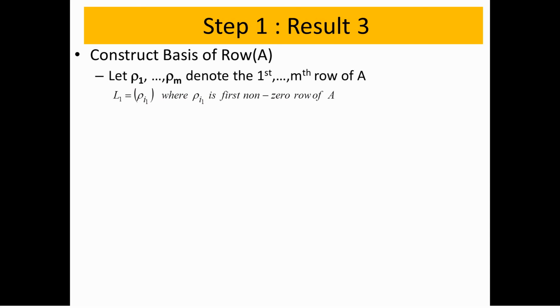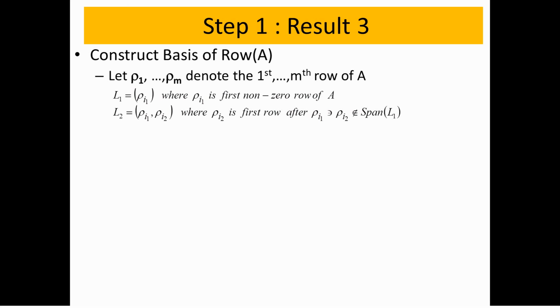I1 is going to be the index for the first non-zero row of A. And then I'm going to tack onto it row I sub 2, where row I sub 2 is the first row after row I sub 1 that's not in its span.